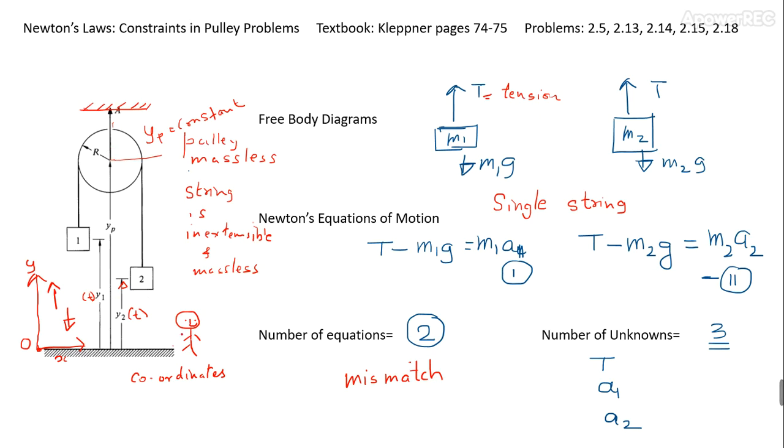And even in this problem, the geometric constraint equation is very easy. I just write it down here: A1 is equal to minus A2. Please note the minus sign, because that is the way to capture the information that the magnitudes are equal but the direction is opposite, right?